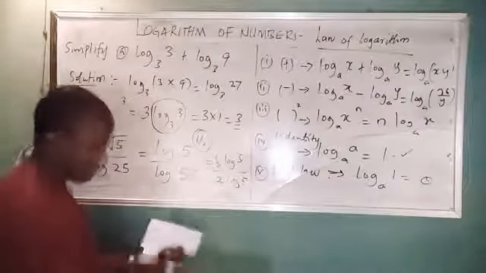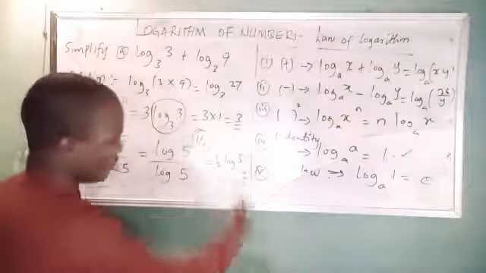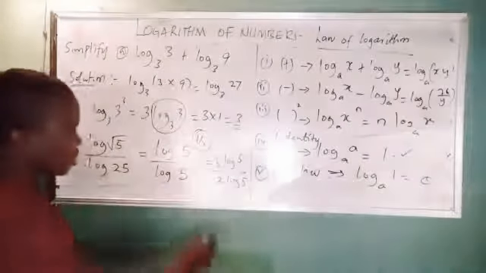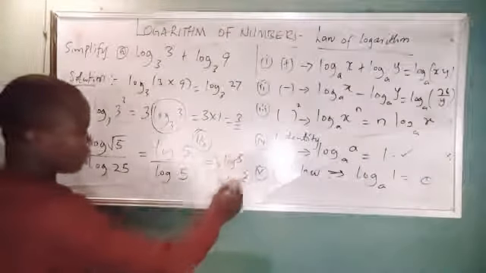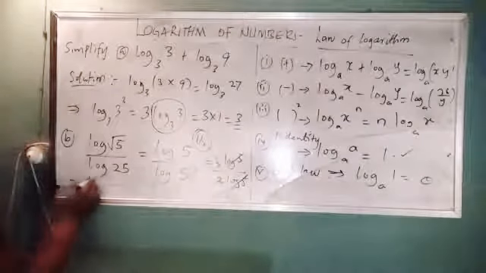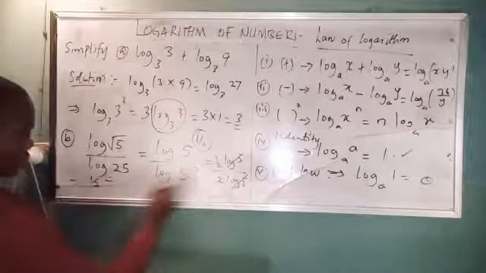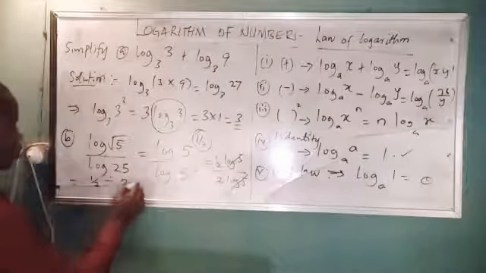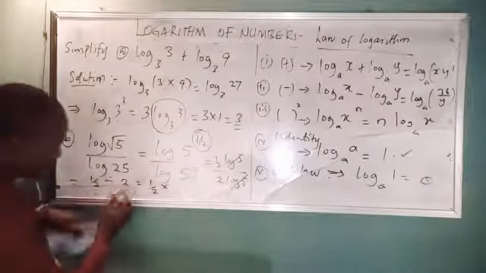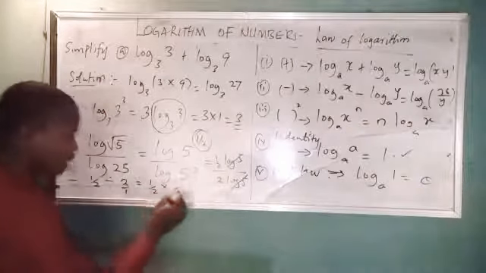Yes, you can see we have tried to break this fraction into simplest form. So to break this fraction into simplest form, you can see log 5, we cancel log 5. So we have 1 over 2 divided by 2, which is equal to 1 over 2 multiplied by, we try to write this one in form of fraction also, so we have 1 over 2.